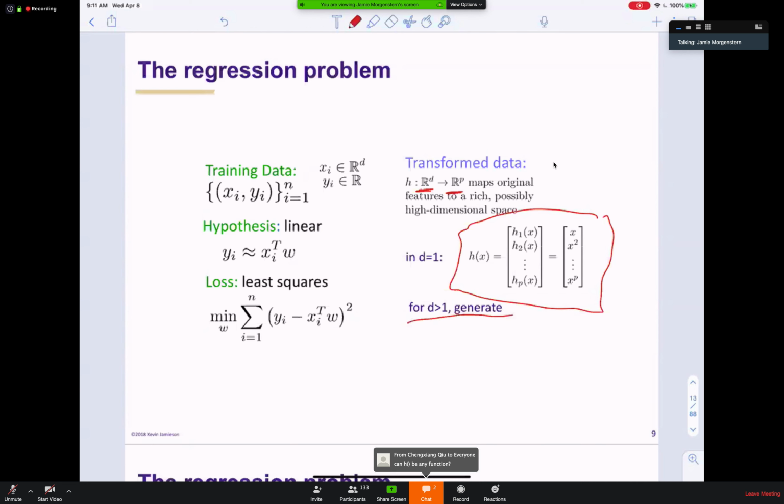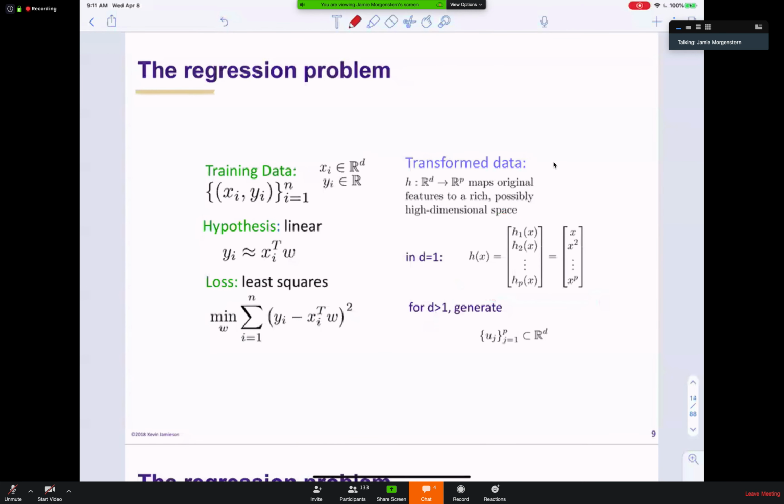In the case where d is larger than 1, or even in the case where d is 1, we could think of all sorts of complicated things that h could do. h could map our x's into some much more complicated space if we wanted. For example, we could think about some fixed weights u_j from 1 to p, and h_j doing some weird exponential mapping of our x's.